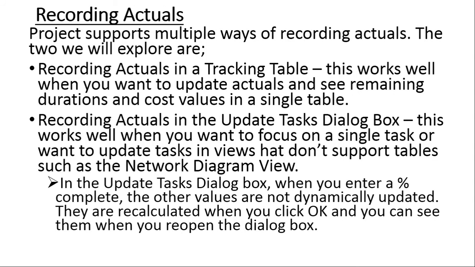In MS Project, there are various ways in which we can enter the actual values. We can use what we call the tracking table, and this one works well when you want to update the actuals and see the remaining durations and cost values in the same table. So that's your tracking table.